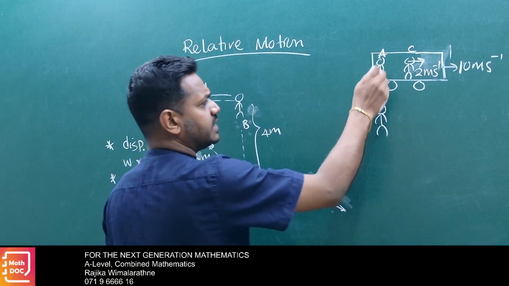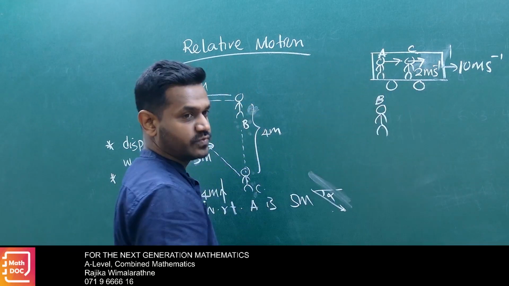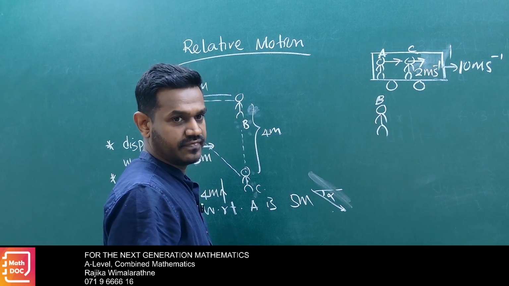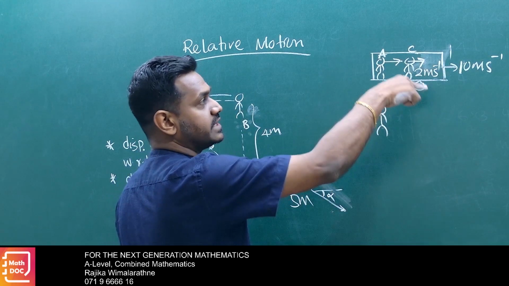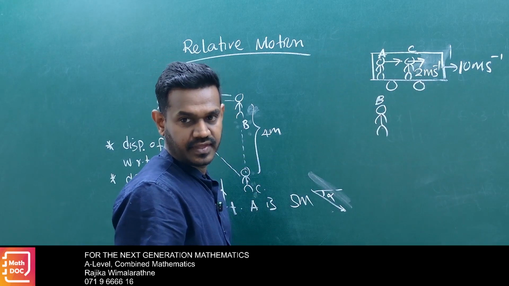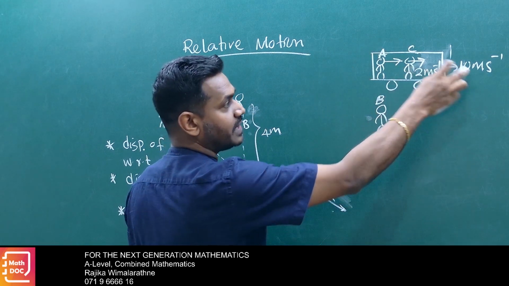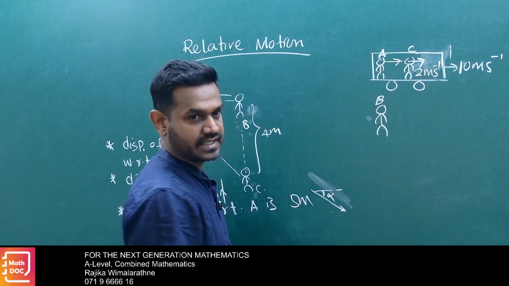So when A observes C, he can see C is moving with velocity 2 meters per second. No? But if B observes C, he can see 2 plus 10, velocity 12 meters per second.